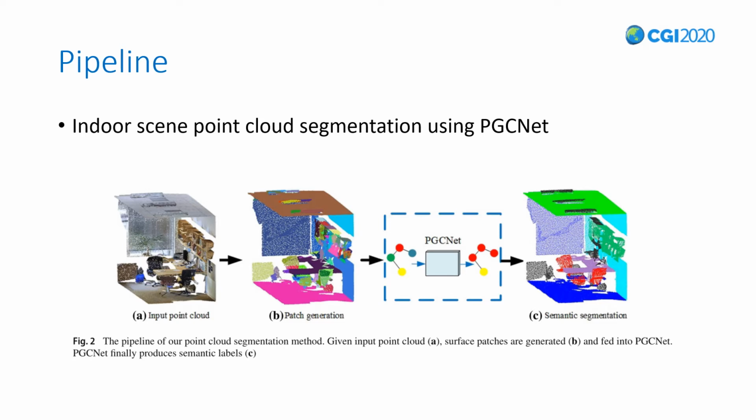Then an initial scene patch graph can be constructed using the surface patches and their pairwise relationships. The network consumes the graph and encodes multi-layer edge features through dynamic graph construction and edge convolution. The network finally outputs semantic labels for each point of indoor scenes.